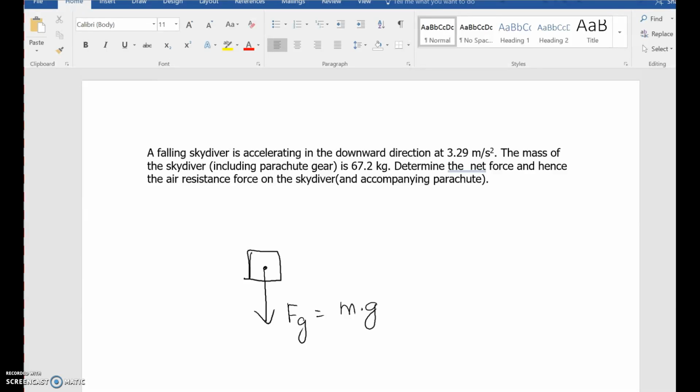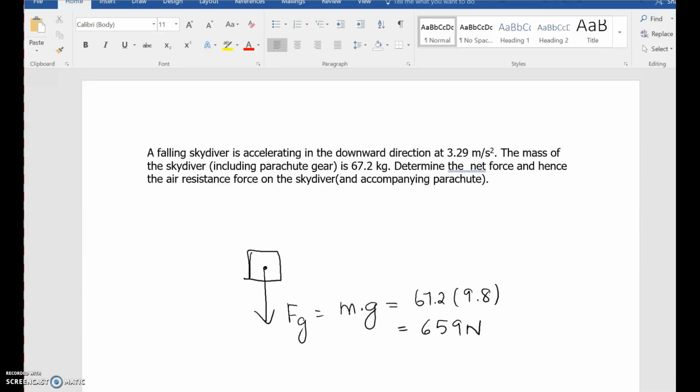Since the mass of the skydiver is 67.2 kg, it's 67.2 times 9.8, which is, why don't you take a minute to calculate what it is? Yes, it will be 659 newtons.